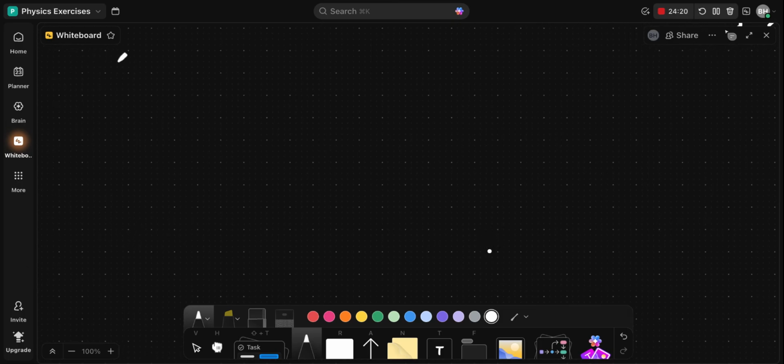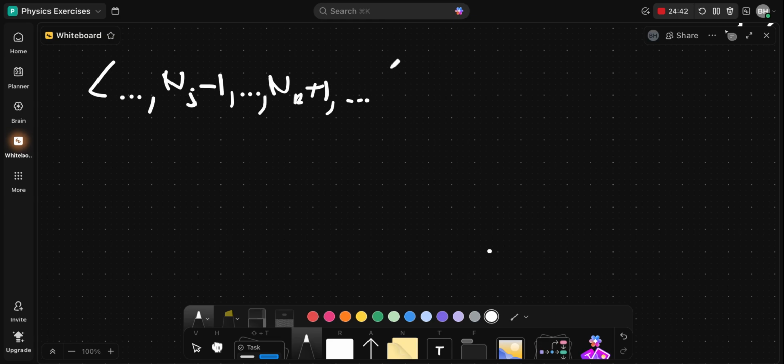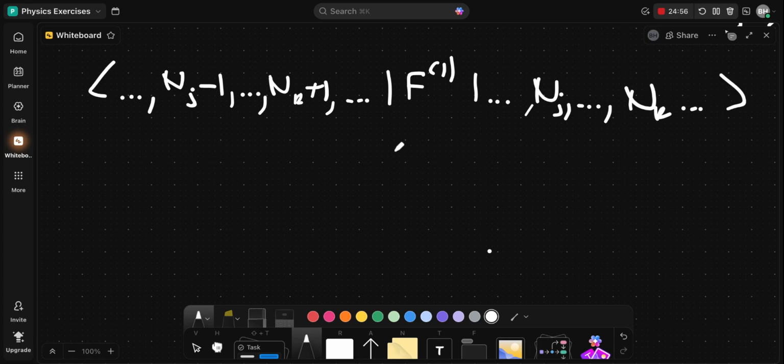So what we're going to study now is a system in which one wave function is, let's say, n_j minus 1, n_k plus 1, and I'm going to sandwich again a one particle operator in between, n_j and n_k. That's our next task.